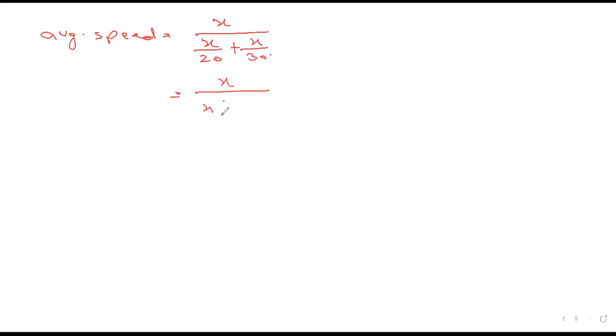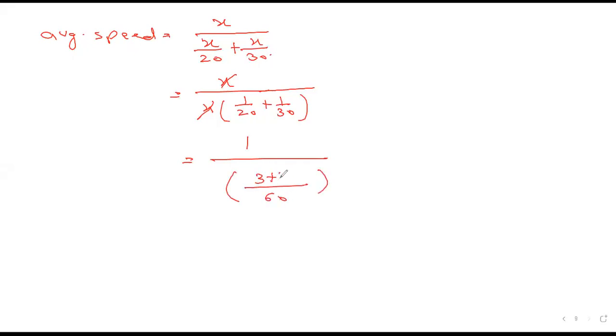Take x common. Here you take LCM 60. 60 upon 5. Am I right? 12 meter per second. Compare the answer of the two questions.